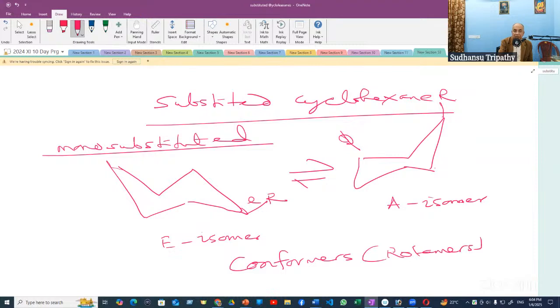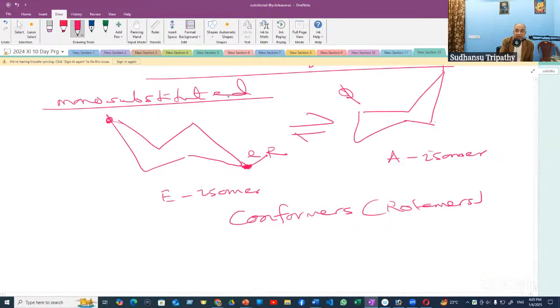Because the plane of symmetry passes between carbon number 1 and 4, it is a symmetrical molecule. And from a layman's point of view, this carbon is bonded to two identical groups on either side. This part and this part is exactly identical. So this cannot be called a chiral center. And also you can justify by finding a plane of symmetry.